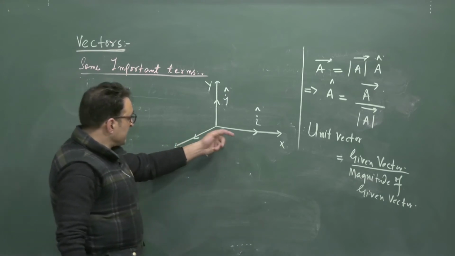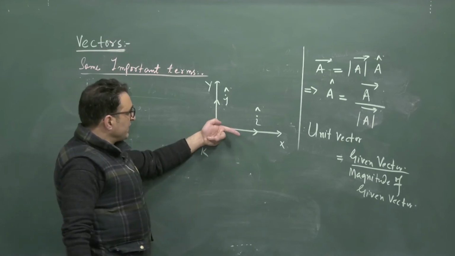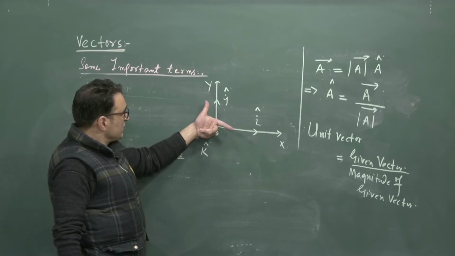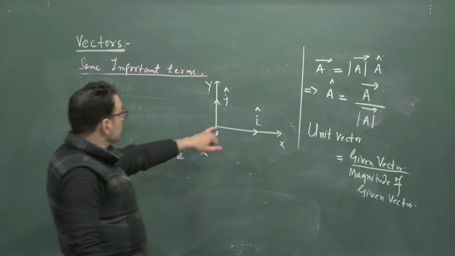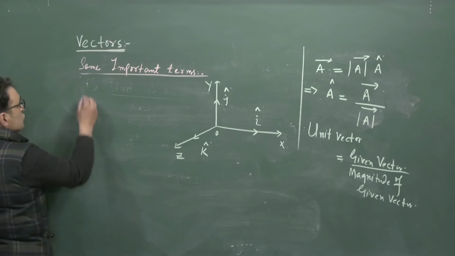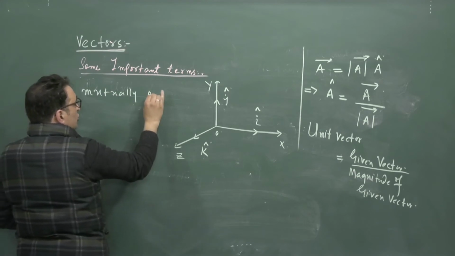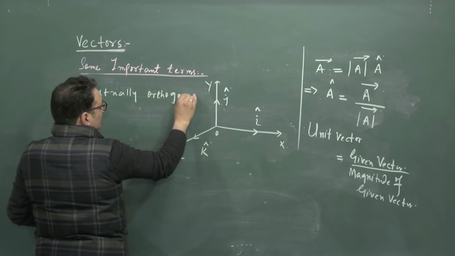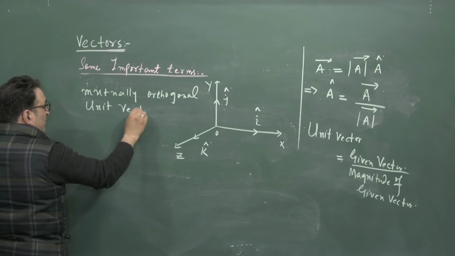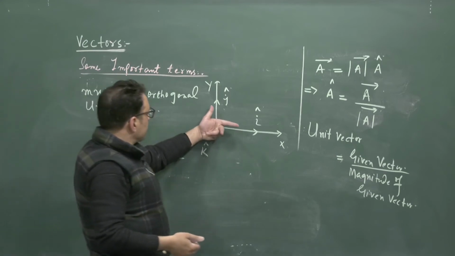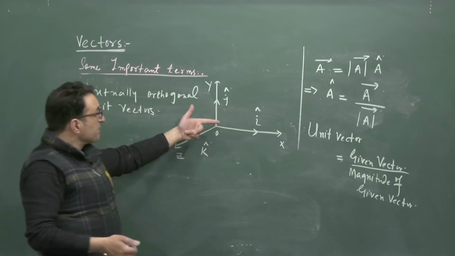Since all the three axes, that is x, y, and z, are mutually perpendicular to each other, therefore these three unit vectors, that is i cap, j cap, and k cap, are mutually perpendicular to each other.